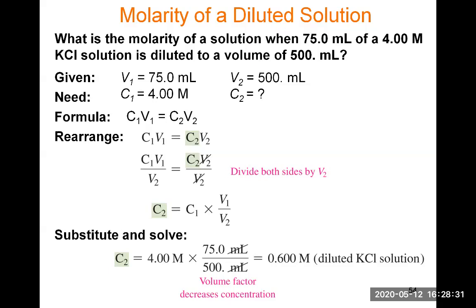So the final answer is C2 equals 0.600 molar, and that's the concentration of the diluted solution. And you want to confirm that the concentration of the diluted solution is smaller than the concentration of the stock solution, which is the concentrated solution, the starting solution, which was 4 molar. So it makes sense.